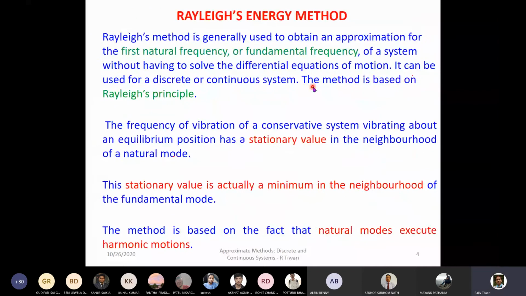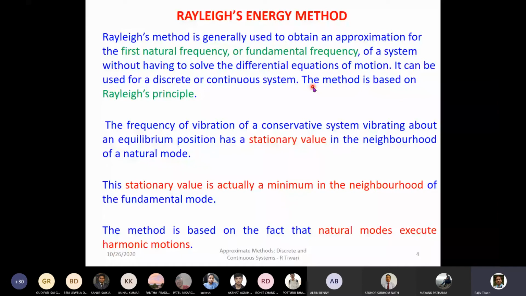So the first one is the energy method, Rayleigh's energy method. This is one step ahead of the Rayleigh's quotient. Previously, for the continuous system, we defined the Rayleigh's quotient in terms of the L operator and M operator.